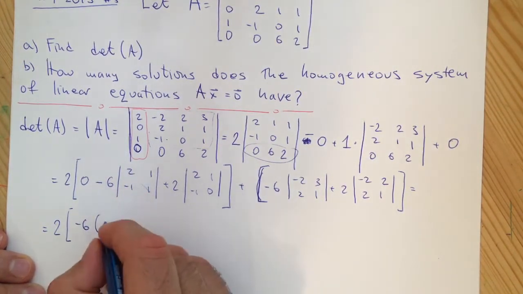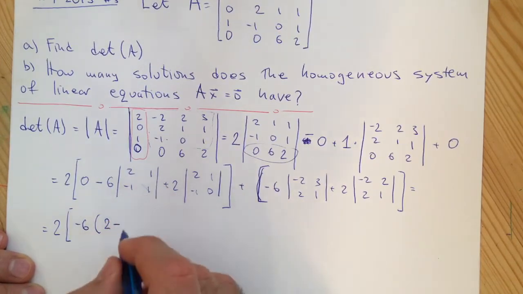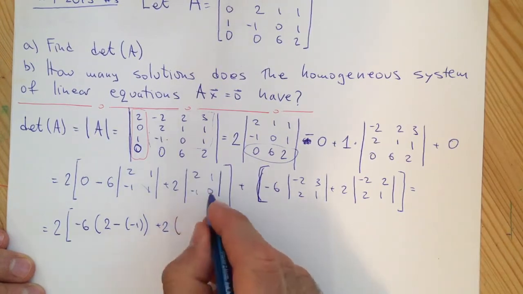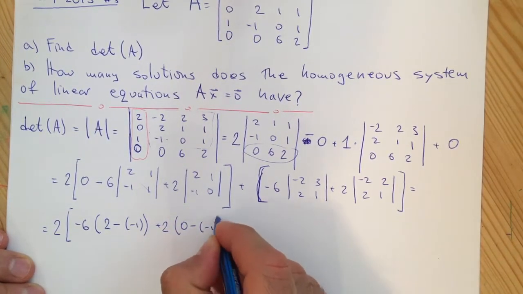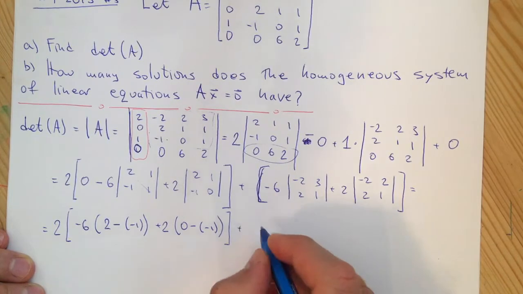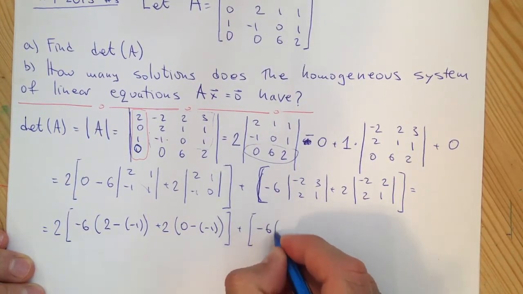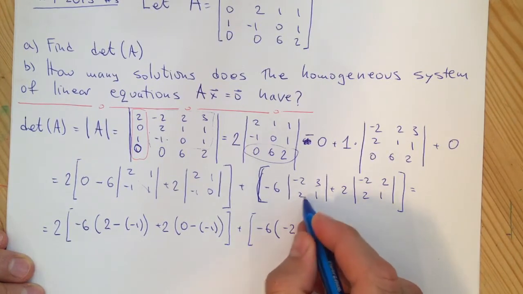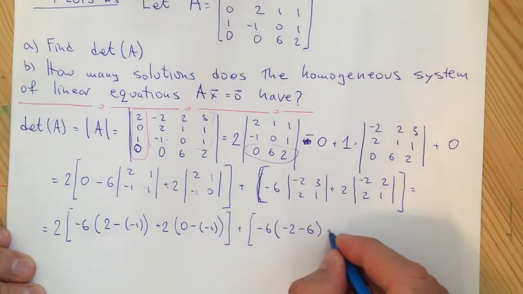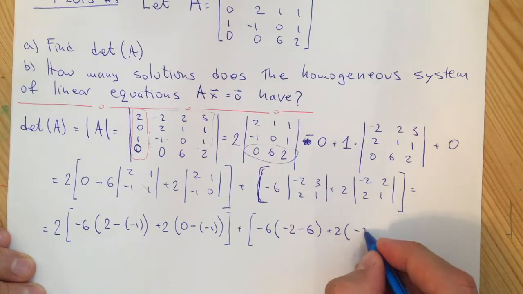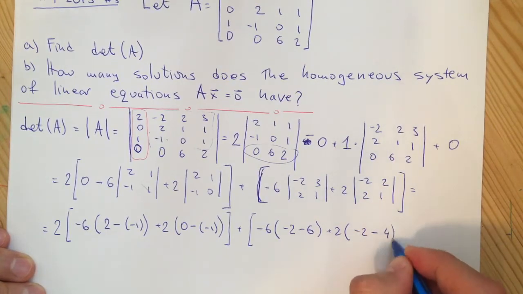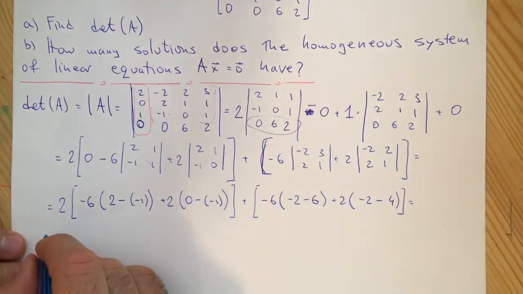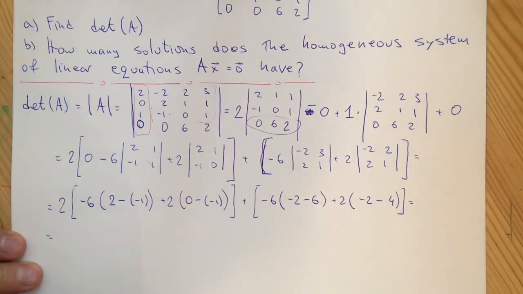So that's 2 times 1, it's 2, minus negative 1 times 1 is negative 1, plus 2 times 0 is 0, minus negative 1, plus negative 6, 2 times negative 1 is negative 2, minus 6, plus 2, 2 times negative 1 is negative 2, minus 2 times 2 is 4. And now simply add these numbers up and you're done.